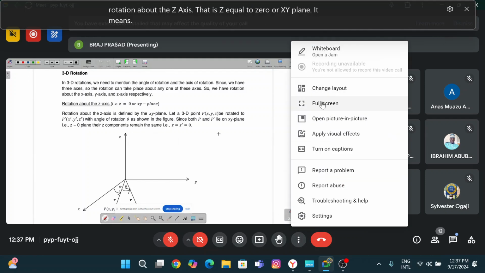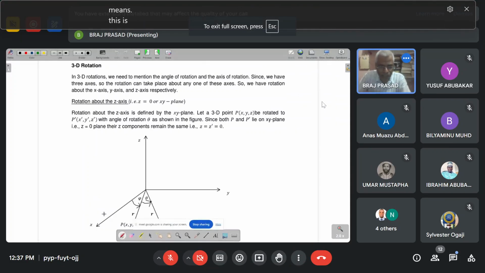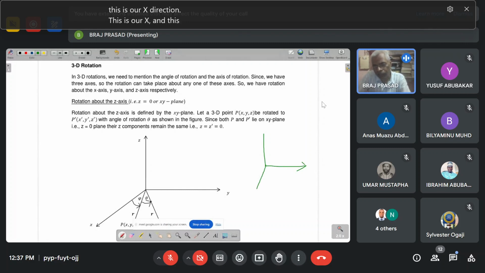It means this is our x direction, this is x, and this is y, and this is our z. So this is called the xy plane.